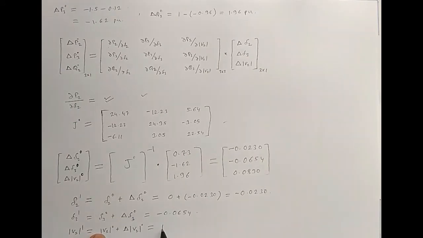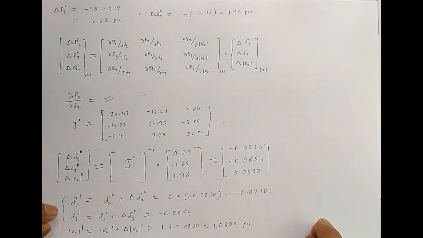We have assumed mod V20 as 1, so this will be 1 plus 0.0890, that means this is equal to 1.0890 pu. So the updated values of these unknowns are now calculated.